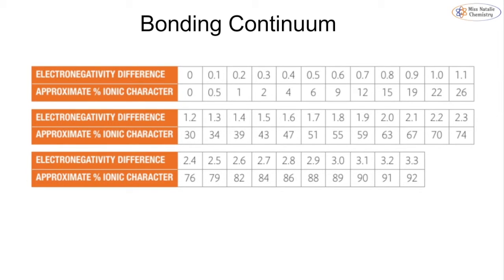By looking at this equal and unequal sharing and eventually transfer of electrons, we can start to build what we call the bonding continuum. And this just shows how the difference in electronegativity leads from pure covalent all the way through to ionic. So when we have zero electronegativity difference, we get our pure covalent, and this means that we get our equal sharing of electrons.